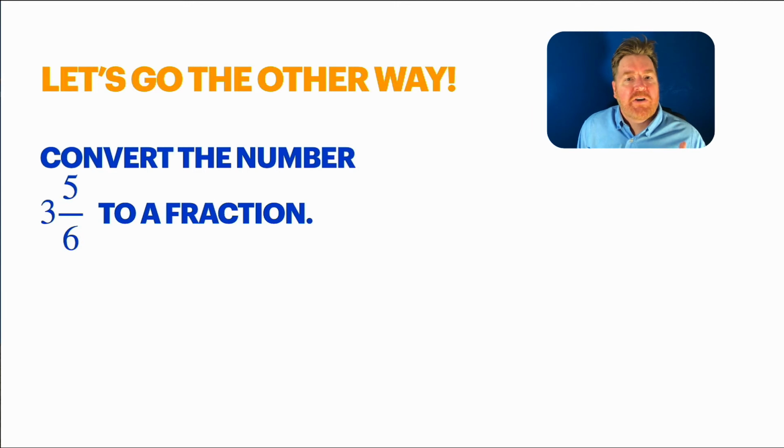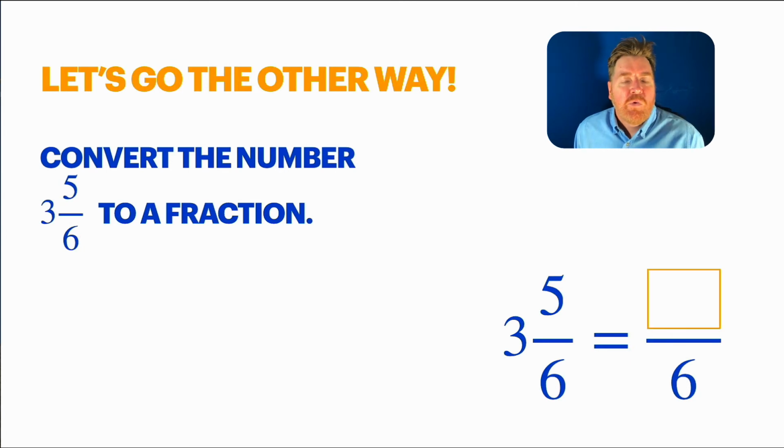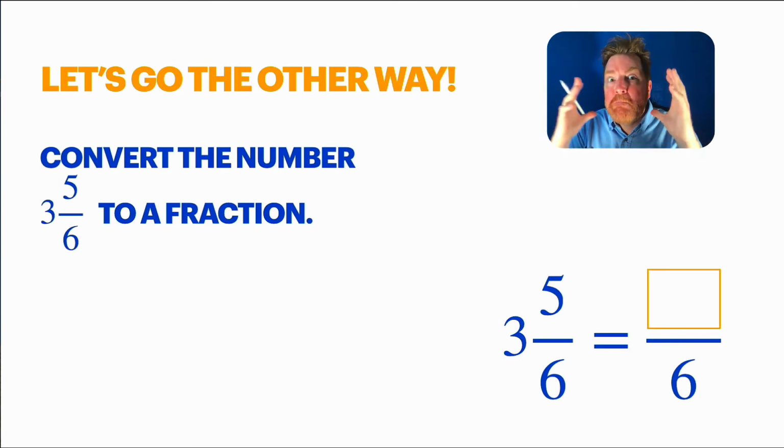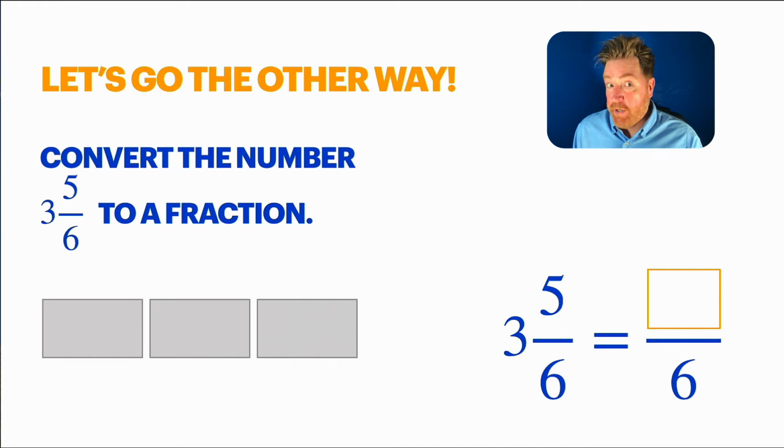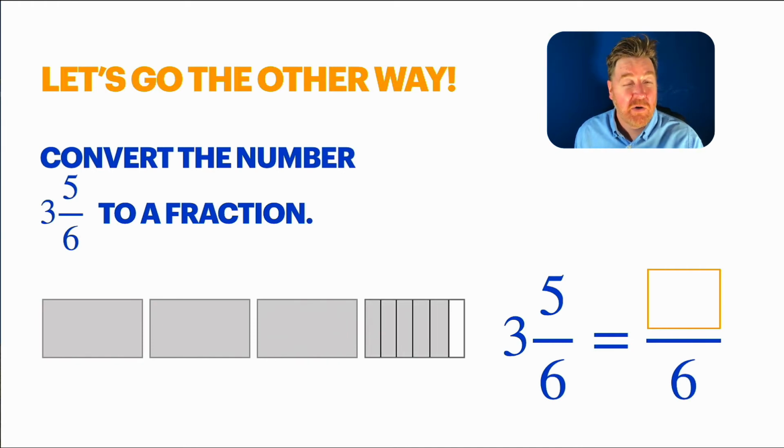Well, let's use our bars to see. You might know a quick process, but let me just show you the bars here. What we're trying to figure out is 3 and 5/6 is some number of sixths, right? Well, if you go to the bars, there's the 3, and then 5/6, there we go. That's the mixed number, 3 and 5/6.